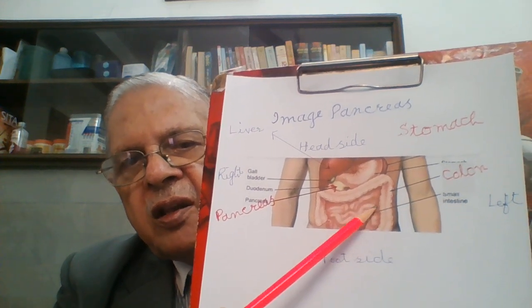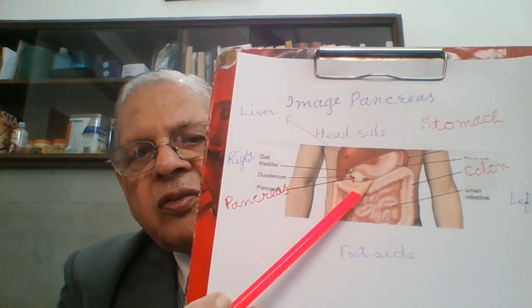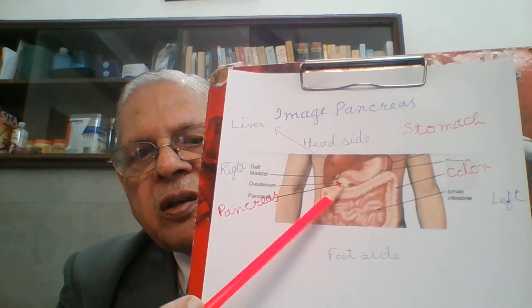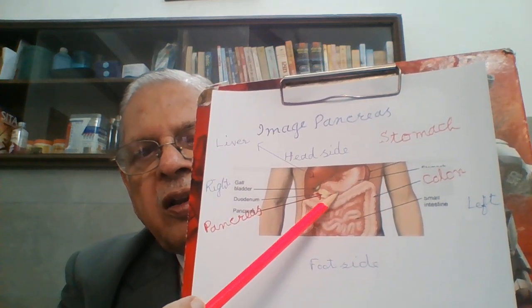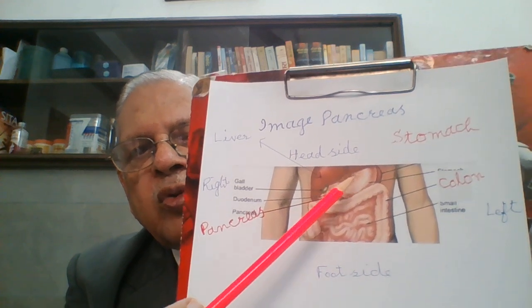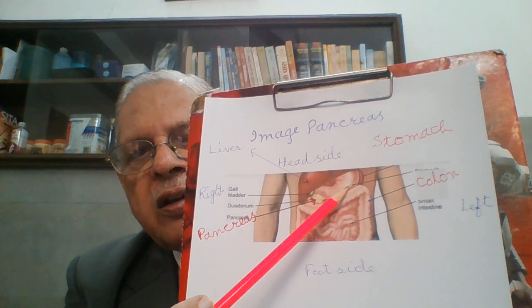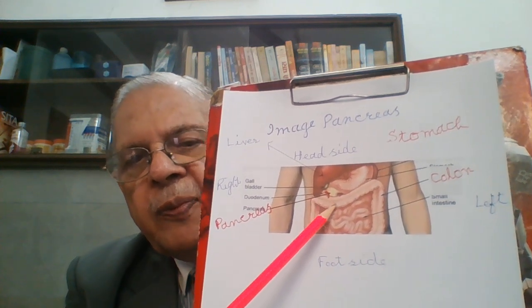So this is the area of the abdomen, and in the abdomen, this is the stomach. This is the stomach, the sac in which the food goes after you swallow it. So from the head side, the food enters here and comes here, and then it goes to the intestines.